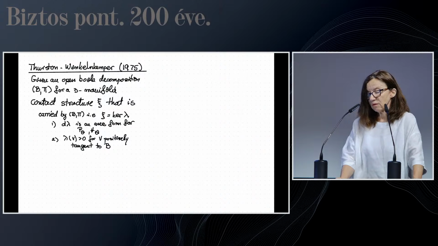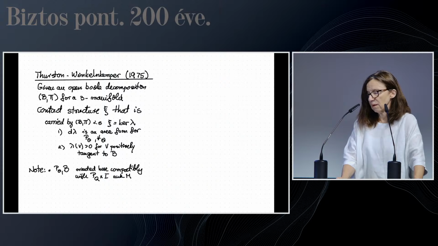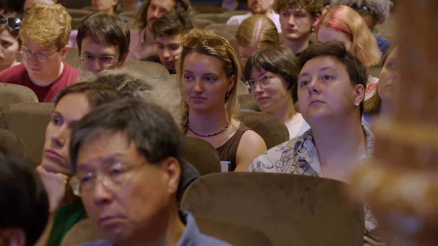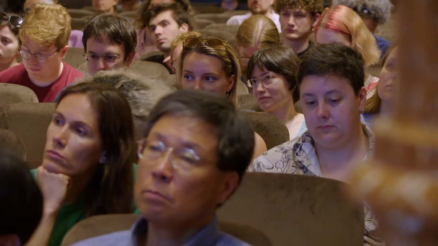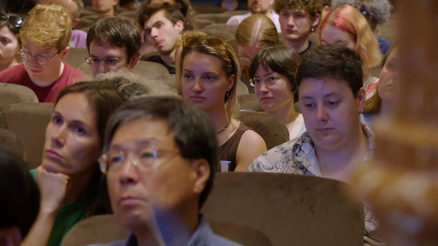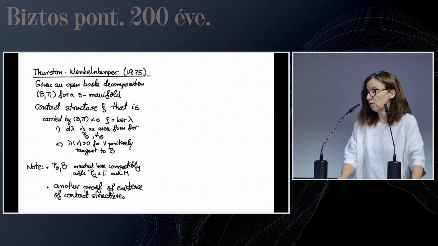They did so by constructing a one-form lambda that was a contact form, that was an area form on each of the pages and transferred to the boundary, to the binding. So this was another construction, different from Martinet and Lutz, for a contact structure on any three-manifold.